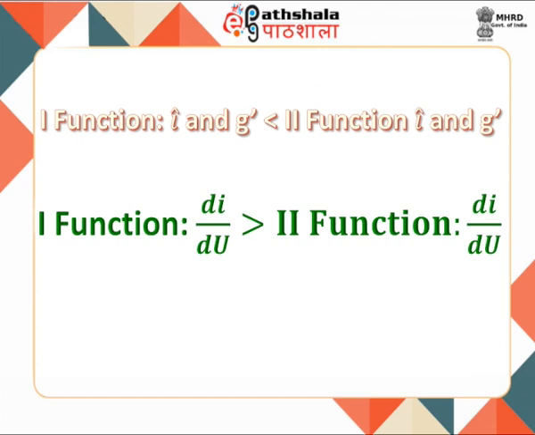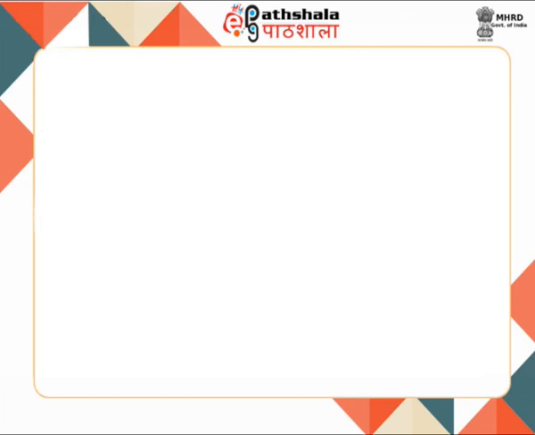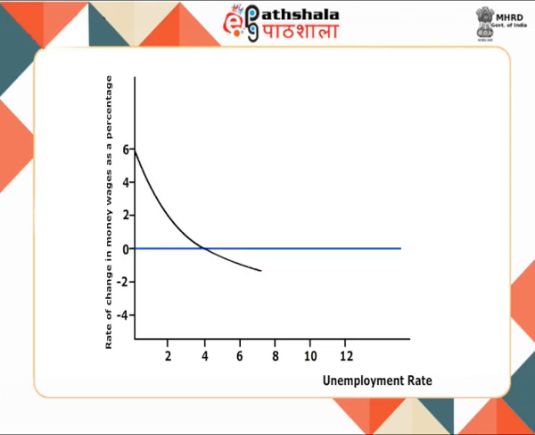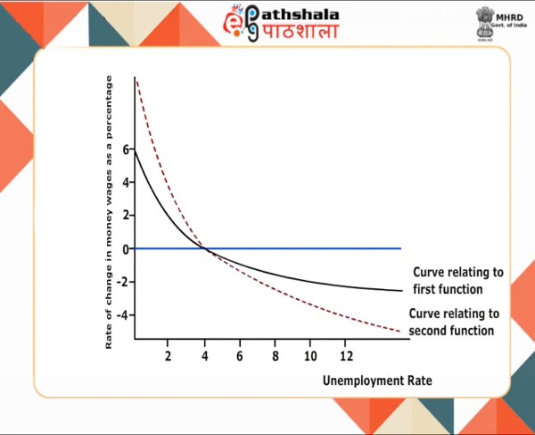This implies that the curve relating to the first function would be flatter than the curve relating to the second function. In the diagram, on the x-axis, the unemployment rate is shown, and on the y-axis, the rate of change in money wage as a percentage is shown. The curve relating to the first function is flatter than the curve relating to the second function.